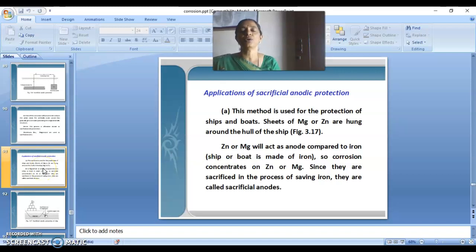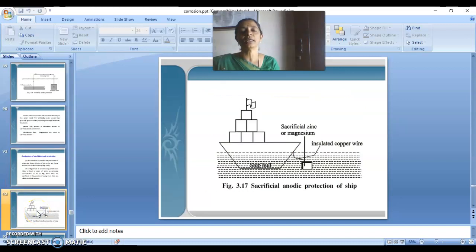So to avoid such unwanted activities, the ship is connected with magnesium rods or zinc rods. Magnesium rods or zinc rods are more active than iron. According to the EMF series, zinc has a negative electrode potential value, which means it is a more active metal when compared to iron.